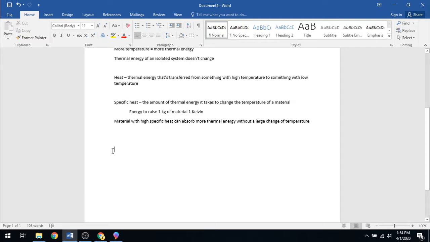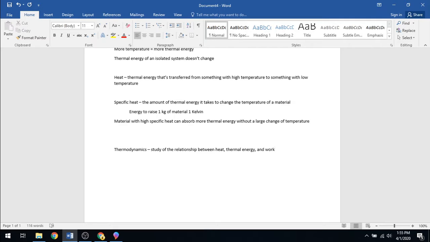Okay, next, the study of this relationship with thermal energy and heat and how all those things interact is called thermodynamics. So this is just the study of the relationship between heat, thermal energy, and work.